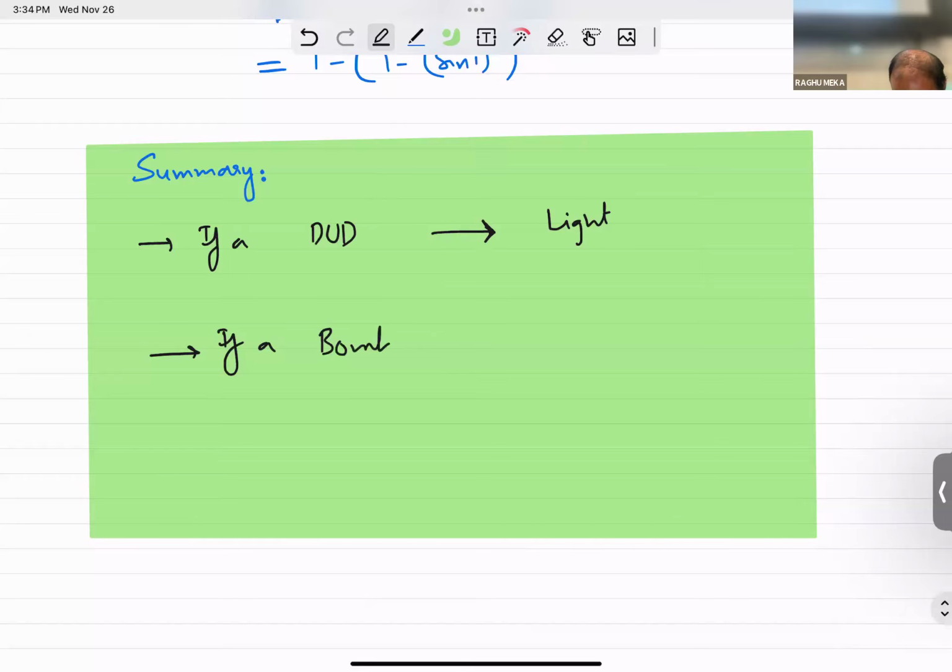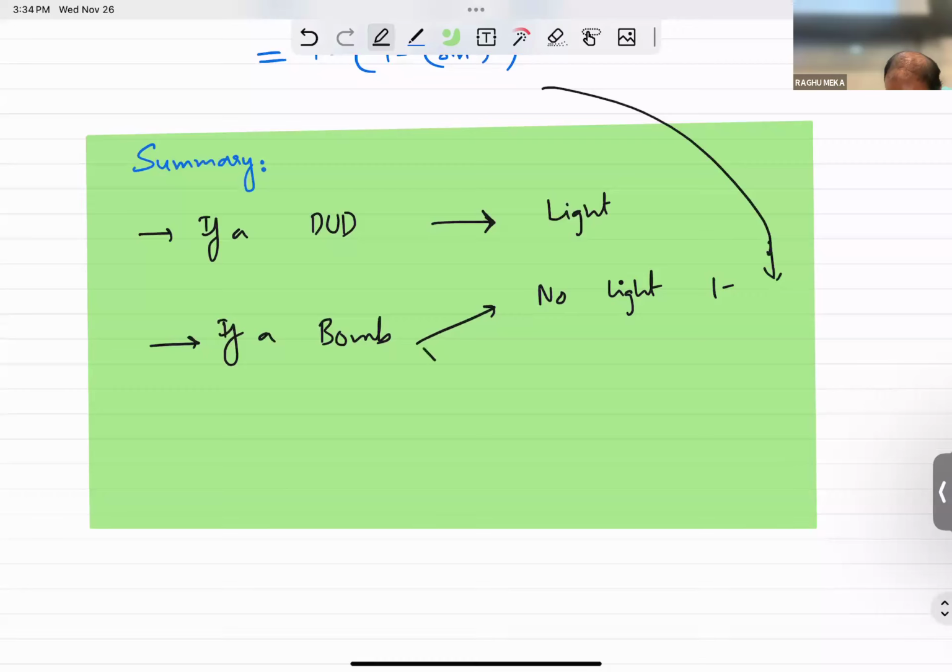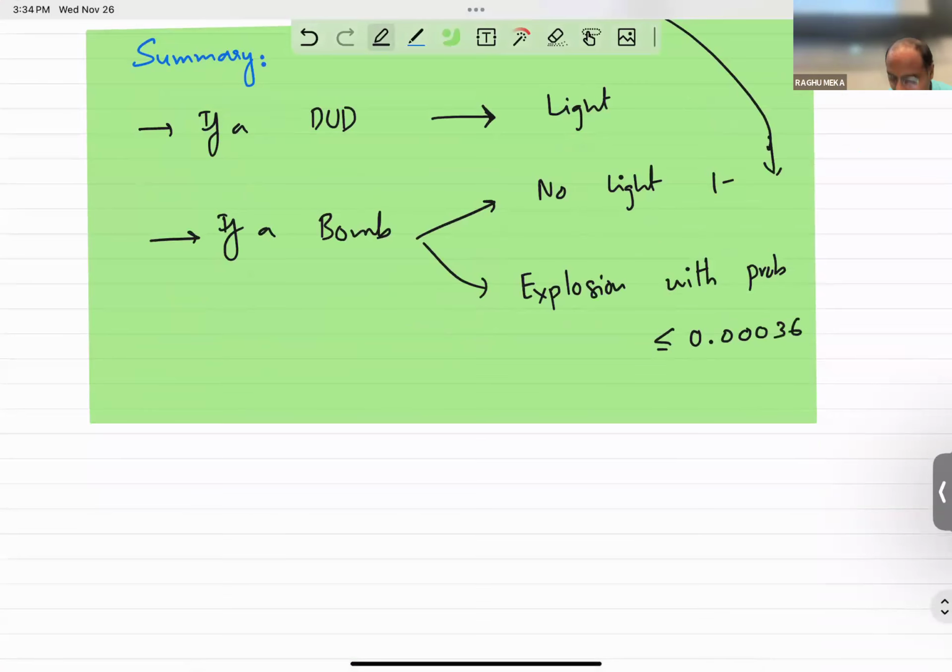If a bomb, no light, with probability 1 minus whatever this number is, and explosion with probability less than or equal to 0.00036. It's quite remarkable, right? So in some sense, we looped it 90 times, and then suddenly we had this huge success. And we will explode with some probability, that is unavoidable, but it's a tiny probability. And whenever we don't explode, we know for sure what case we are in.